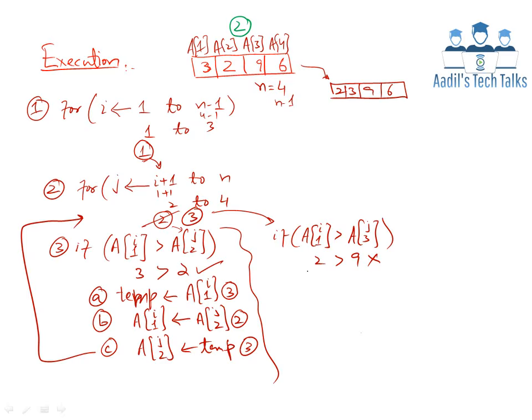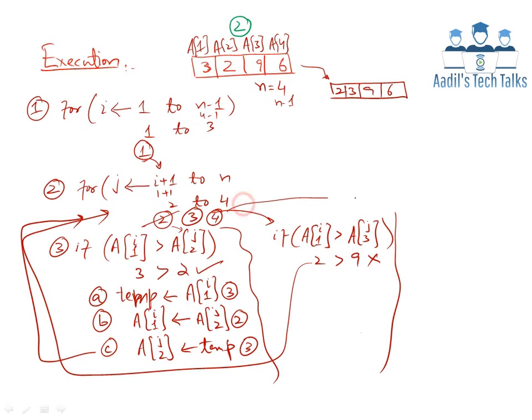Okay guys, from here we will come back to this point, and now the value of j is incremented to 4, and for j 4 we will execute if A[i] is greater than A[j]. i is still 1 and j is incremented to 4.